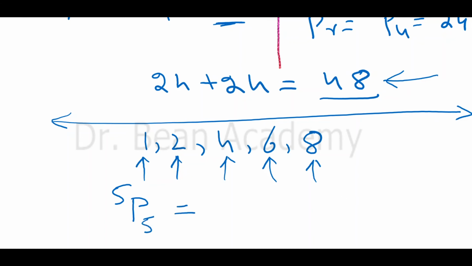So let me see what is the answer. 5P5, and the answer is 120. So I can make a total of 120 permutations of size 5 out of these numbers, no matter whether 2 and 8 are together or not. This is the number of all the permutations.